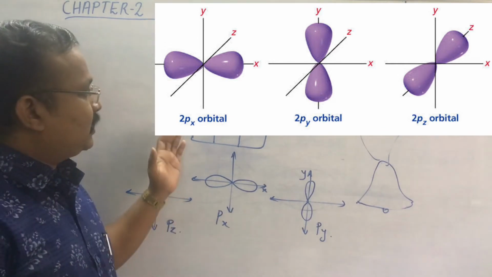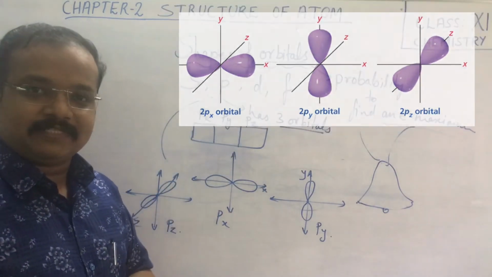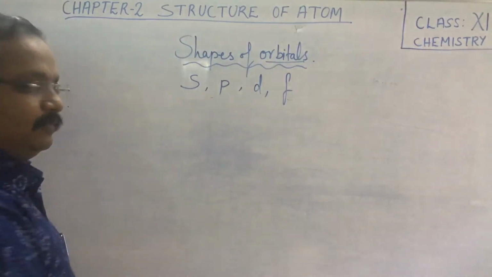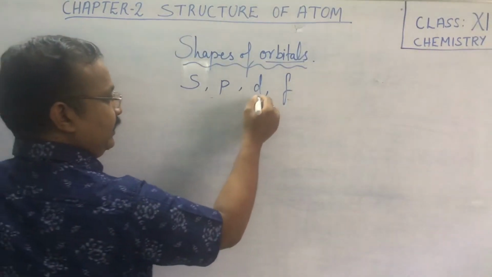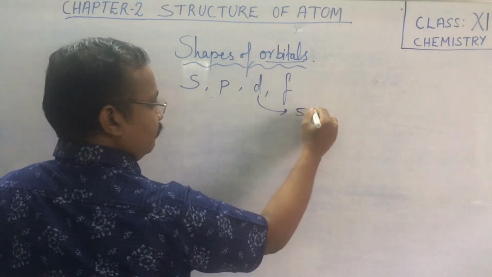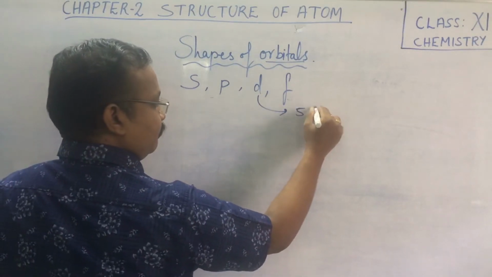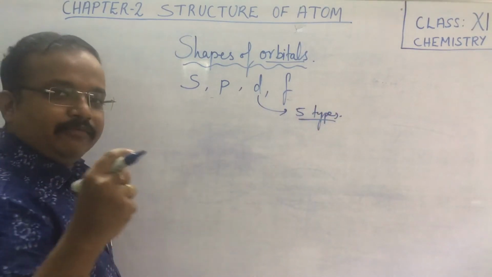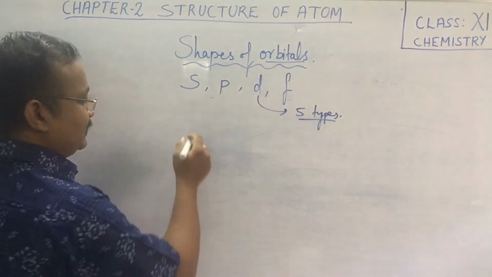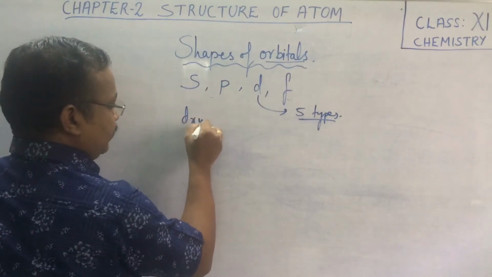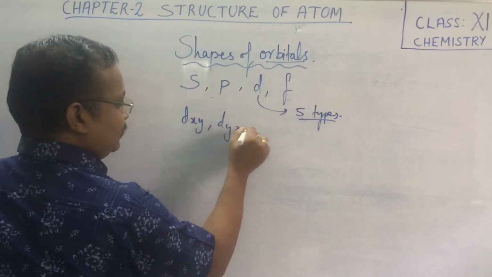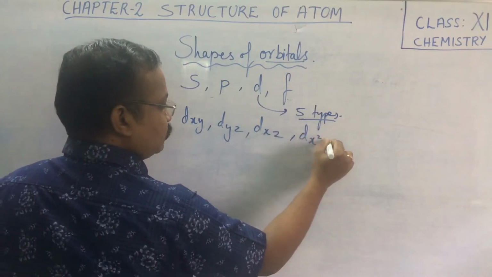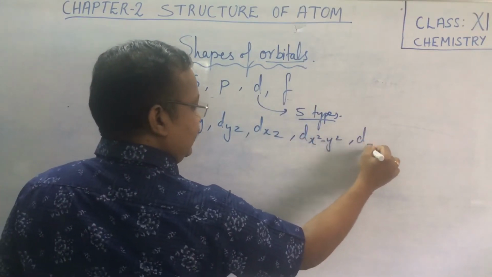Next let us move on to d orbitals. Children, as you know, there are 5 types of d orbitals: dxy, dyz, dxz, dx square minus y square, and dz square.